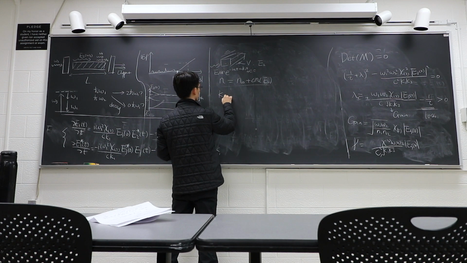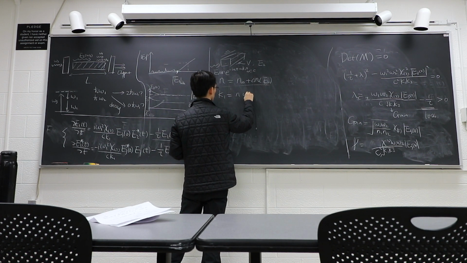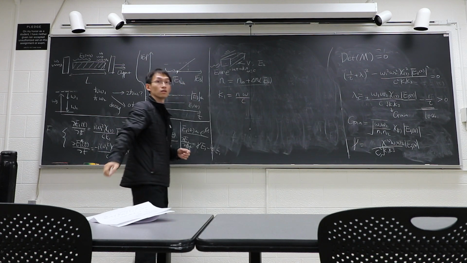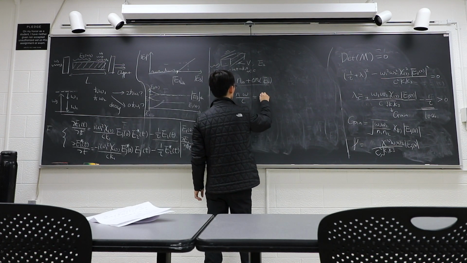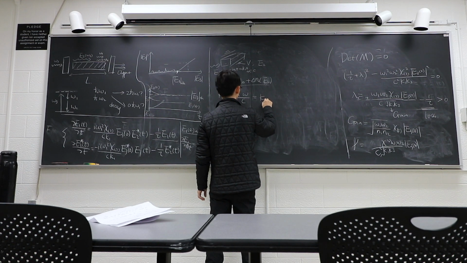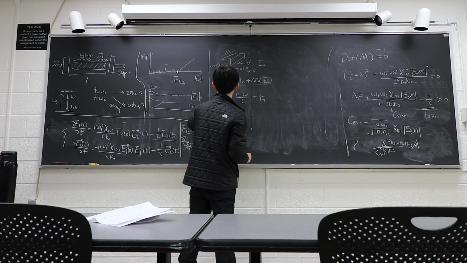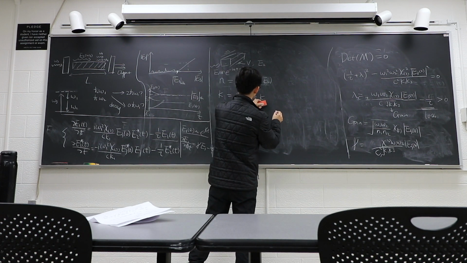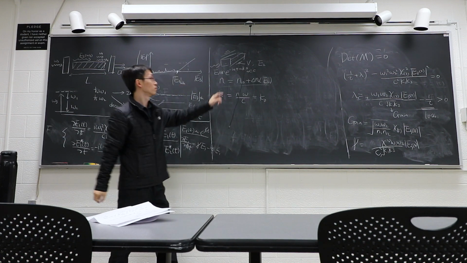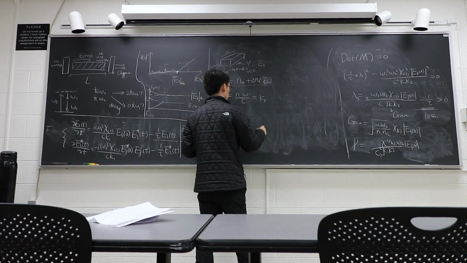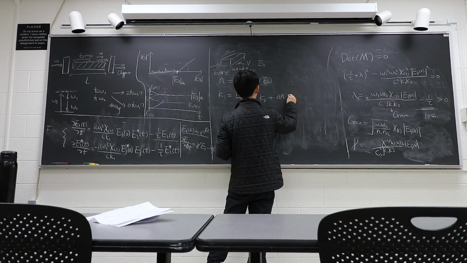We know k1 equals n omega over c, so it equals k naught, the original one with the original refractive index, plus this delta.